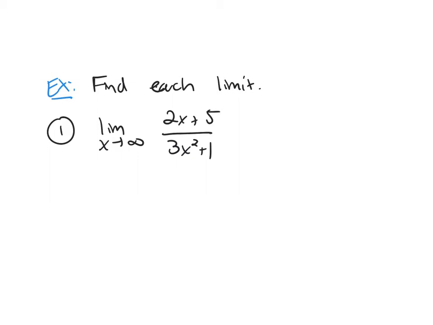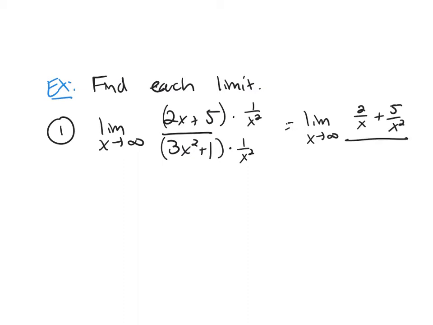So here, I'm going to multiply by 1 over x squared on the top and a 1 over x squared on the bottom. And if I distribute that, I get (2 over x plus 5 over x squared) over (3 plus 1 over x squared).